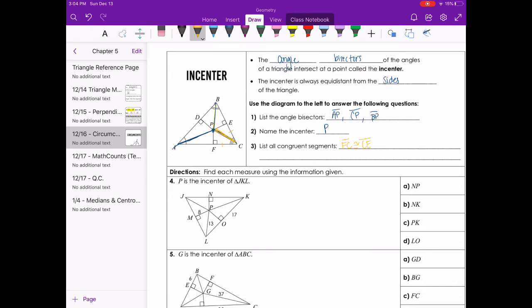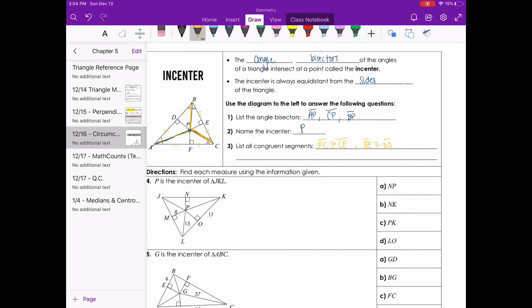For this angle bisector, that would mean line BE is congruent to line BD. For this angle bisector, DF, line DA is congruent to line AF.